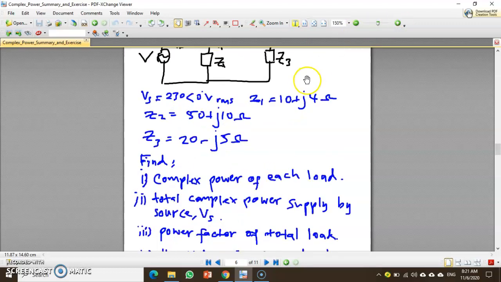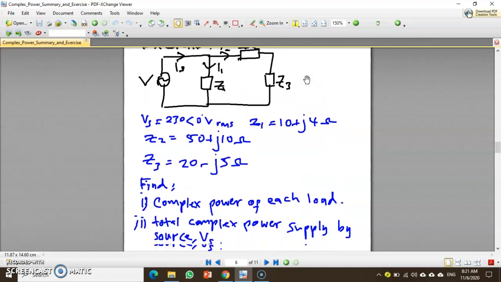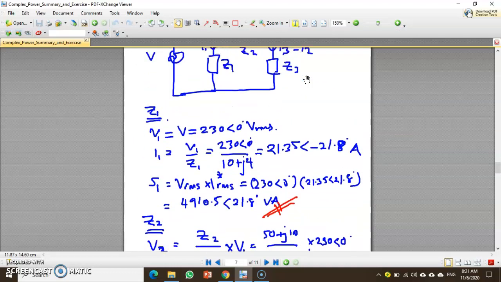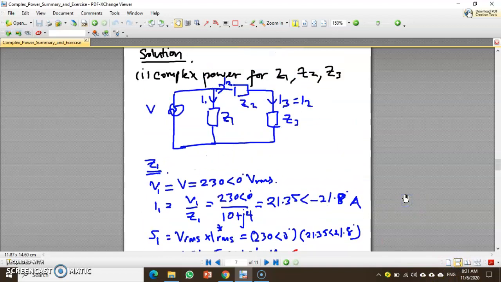Next we look at question number one: find the complex power for Z1, Z2 and Z3. First of all, you need to determine the voltage across every load and the current through the load.